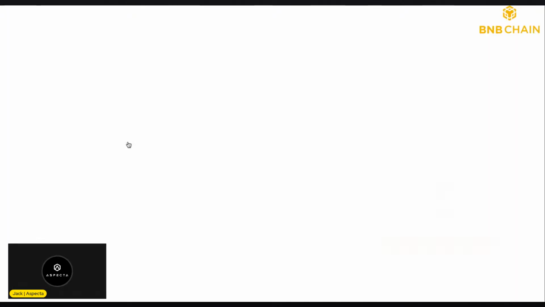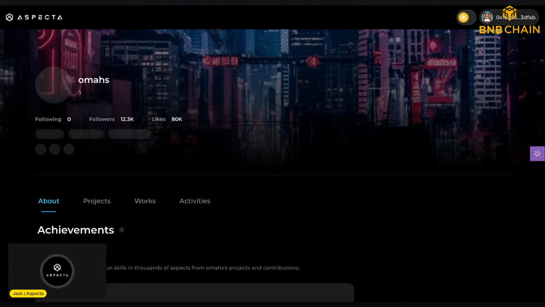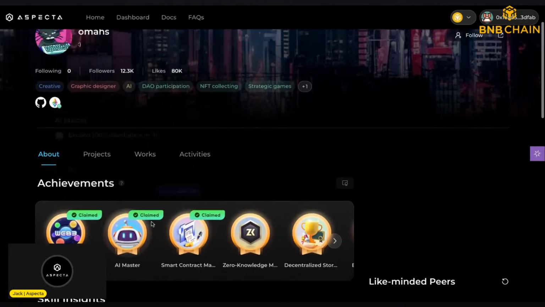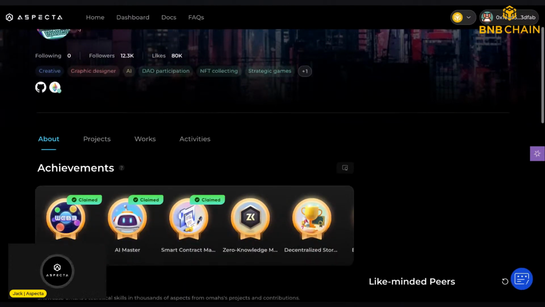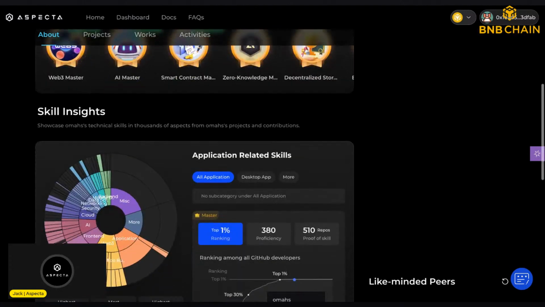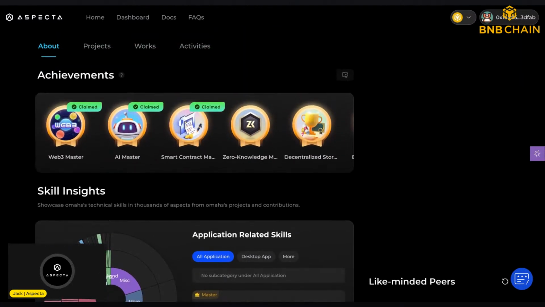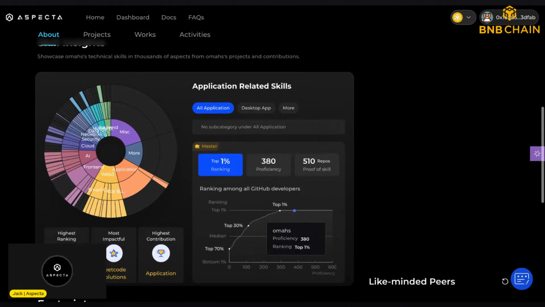We basically use AI to translate all the developers' contributions on the internet, for example, their contributions on GitHub, Stack Overflow, and other places, into tangible reputations. So we can make people understand the actual contributions or quantifications of all the developers. Basically, we use two ways to do this.